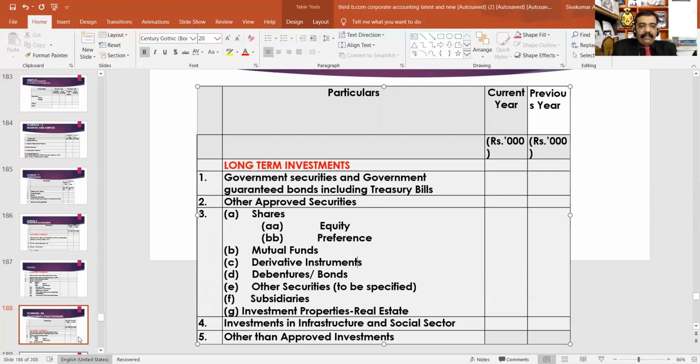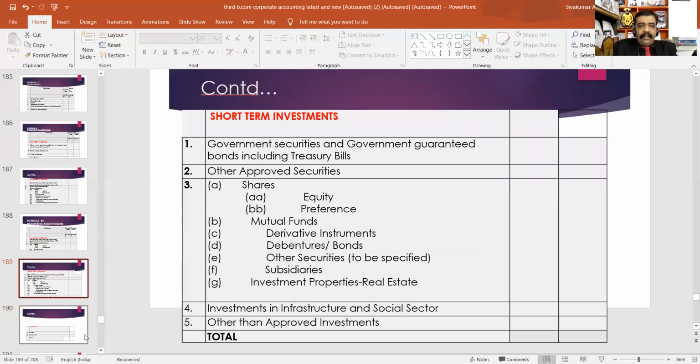then other approved investments. Then you have to include details about short-term investments: government securities and government guaranteed bonds, including treasury bills, other approved securities and other investments. Other investments may be equity shares, preferred shares, mutual funds, derivative instruments, debentures or bonds, other securities, subsidiaries, real estate property.